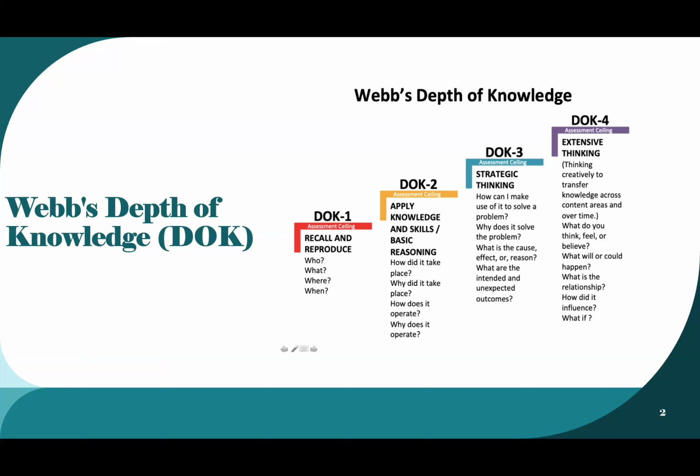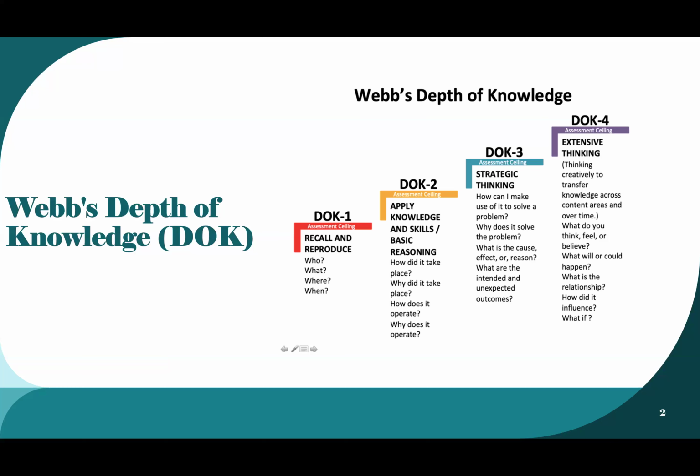The third level, which is strategic thinking, requires students to engage in reasoning, planning, and using evidence to solve complex problems. It involves critical thinking, creativity, and the ability to plan and think strategically.